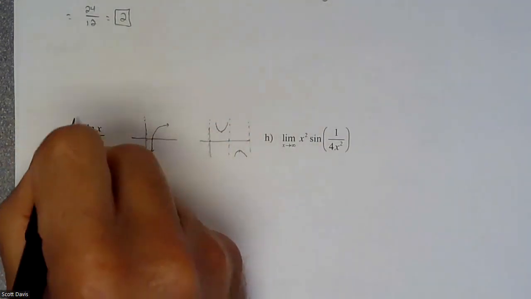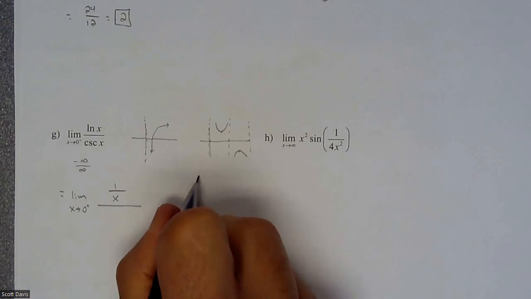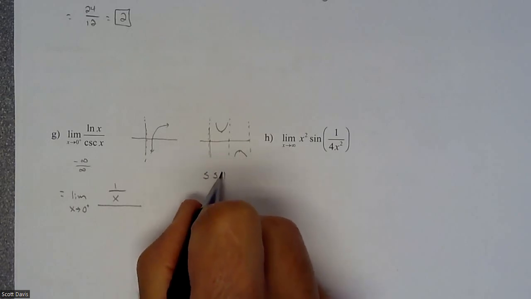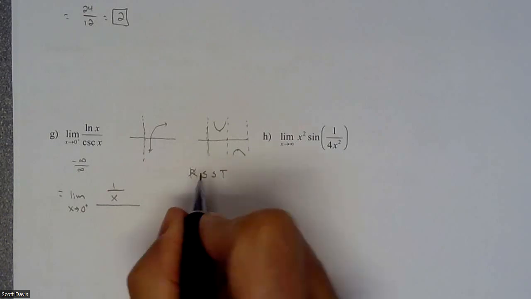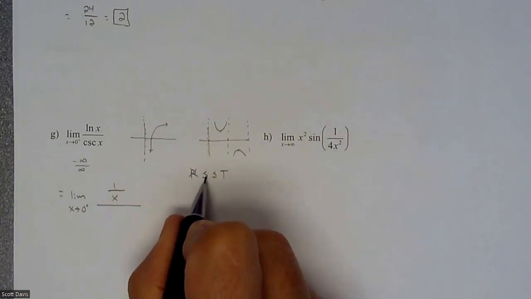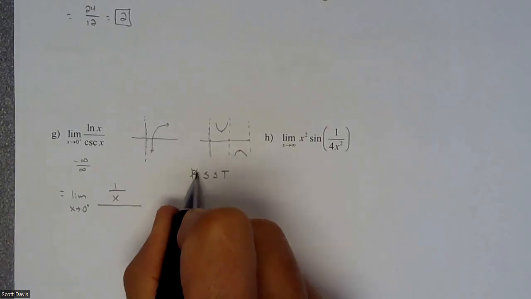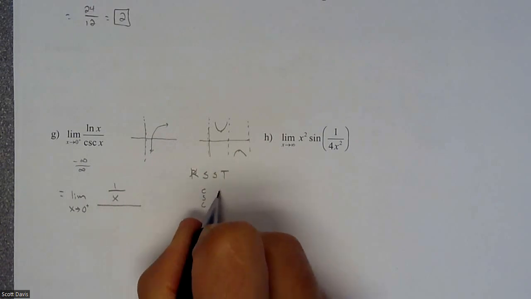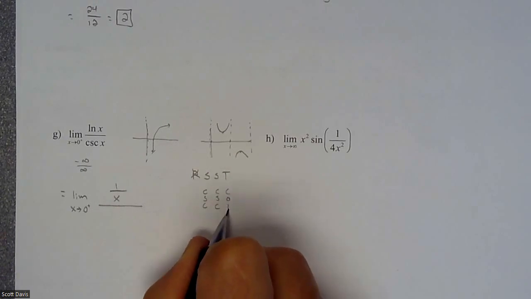If I do the derivative of cosecant, let me put it over here: the derivative of secant is secant tangent, derivative of tangent is secant squared, but I can convert those into cosecant, cotangent.